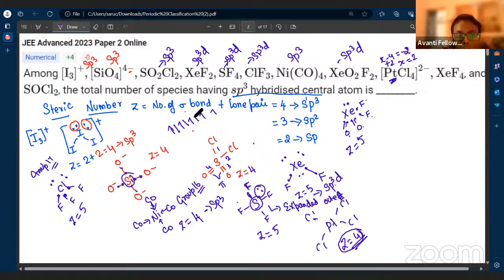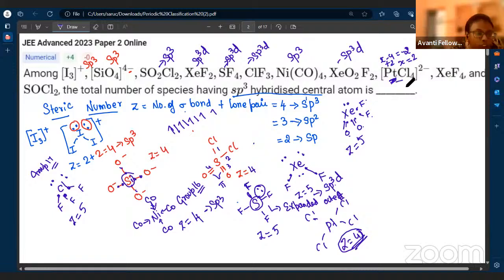Now one of the electrons can move to the s orbital. If it moves to the s orbital, then what will be the hybridization? Using this we can do it, right?